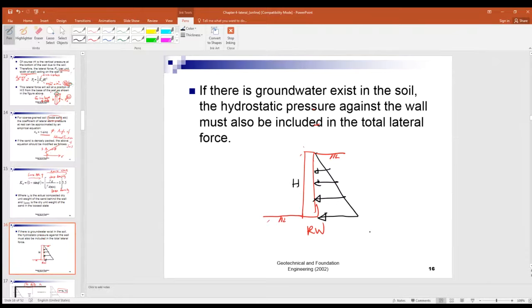If that is H, so that is Ka gamma H, right?